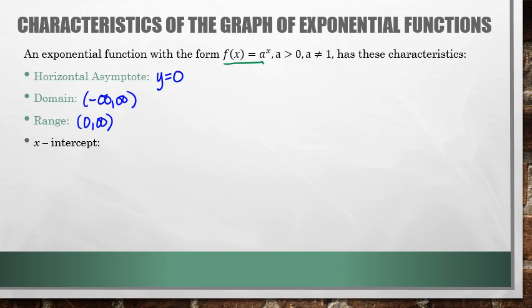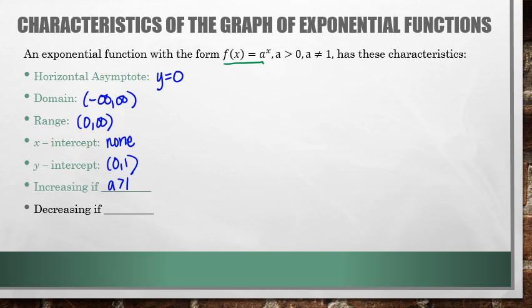The x-intercept: there is no x-intercept. We can never cross the x-axis because that would mean we had a y value of 0. The y-intercept: on all of these graphs, we had a y-intercept of (0, 1). These are all increasing if your a is larger than 1, and they're all decreasing if your a is between 0 and 1.